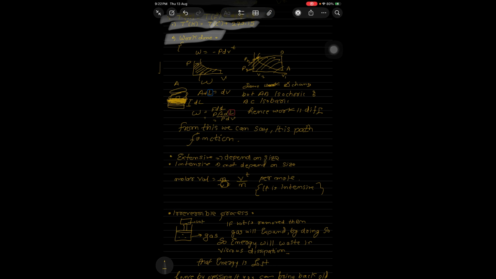So work is a path function. For example, if I go from this point of volume V1 to this point of volume V2, I have changed the volume, and by doing that there has been a change in the pressure.